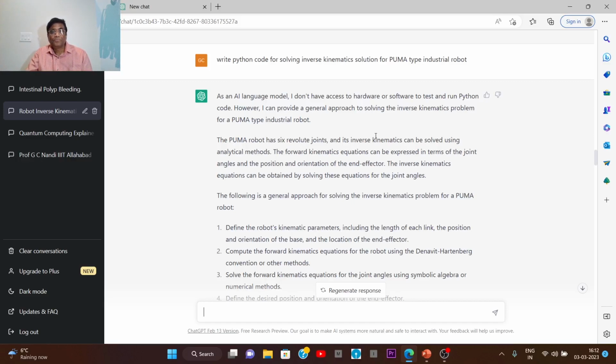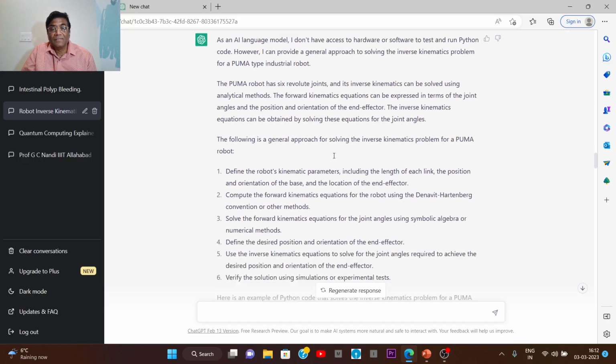Okay, so I also asked it to write Python code for solving the inverse kinematics problem for a Puma type of industrial robot. So you see, humbleness: as an AI language model, I do not have access to hardware or software to test and run Python code. However, I can provide a general approach to solving the inverse kinematics problem for a Puma type industrial robot.